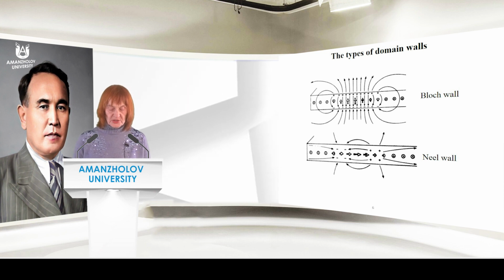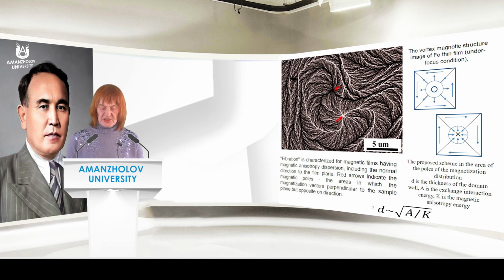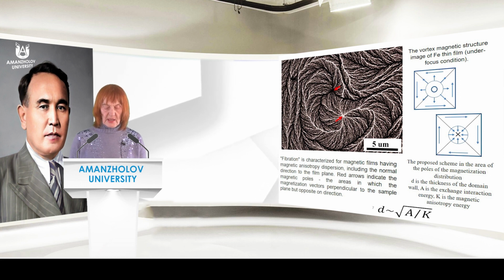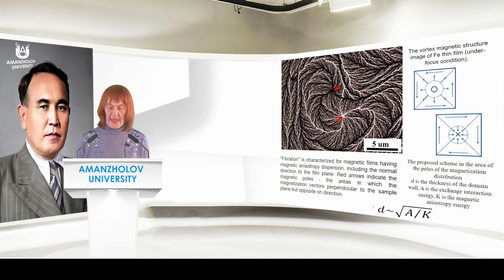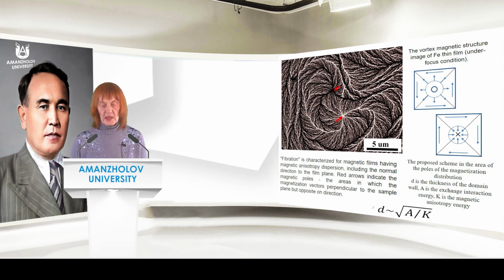The next picture shows a classic example of vortex magnetic structure formation in an iron thin film upon objective lens external magnetic field application. The external magnetic field is perpendicular to the film plane. The vibration of magnetization ripples is clearly visible beside the main domain walls.